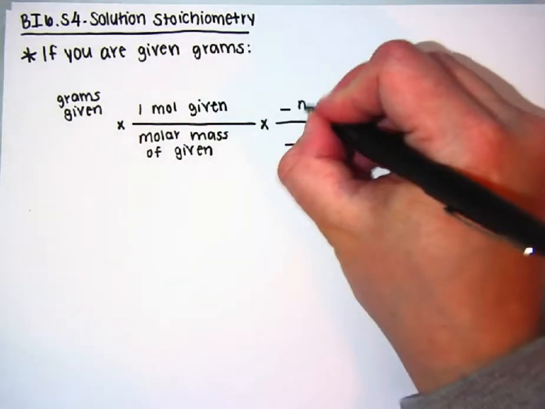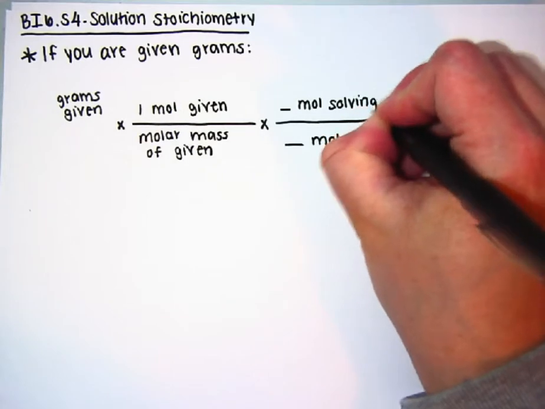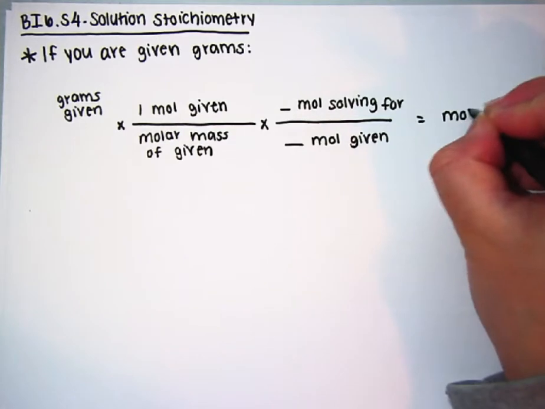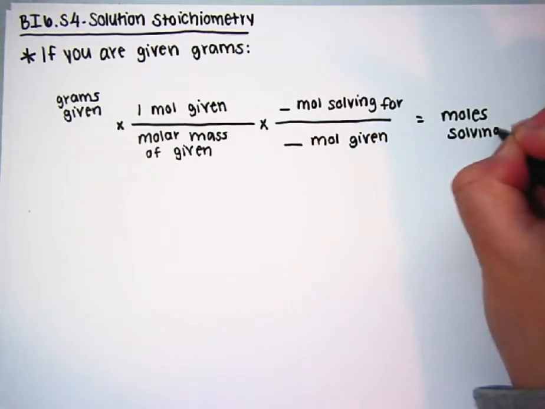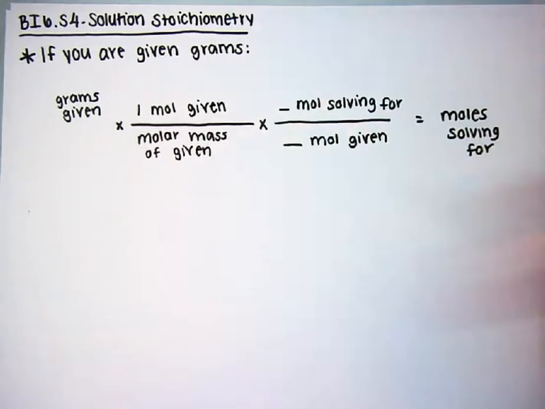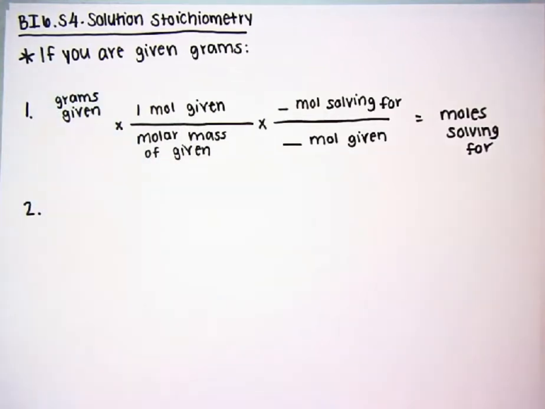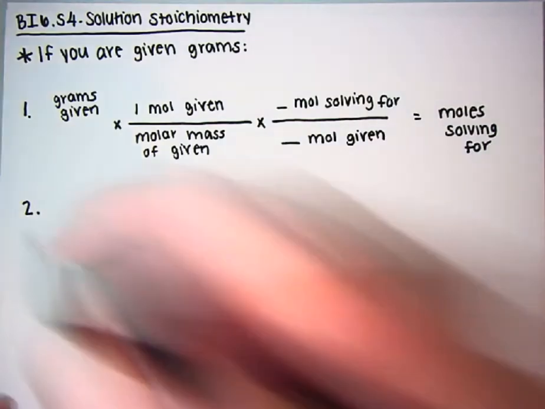The numerator would be blank moles of whatever we are solving for. Then sometimes we can stop here. If we're solving for moles, we'll stop here. But a lot of times, you are going to be asked to either solve for volume or molarity.